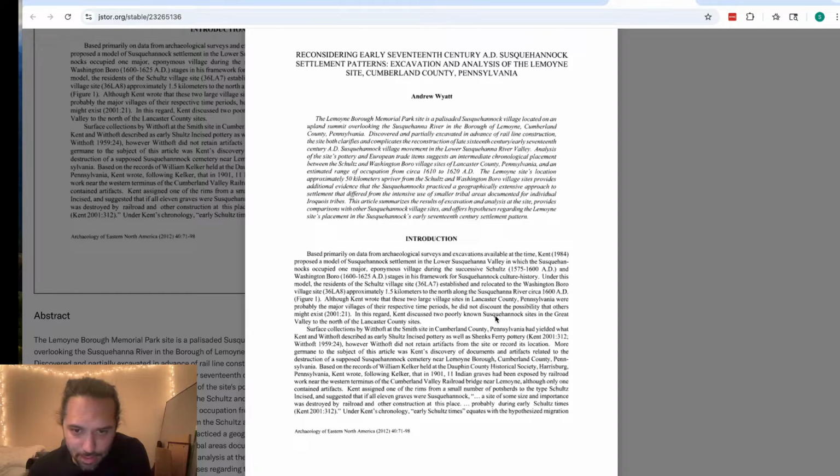Surface collection, which Pennsylvania yielded what? Okay. Based on the records of William Kelker held at the Dauphin County Historical Society, Harrisburg, Pennsylvania, Kent wrote, following Kelker, that in 1901, 11 Indian graves had been exposed by railroad work near the western terminus of the Cumberland Valley Railroad Bridge near Lemoyne, although only one contained artifacts.